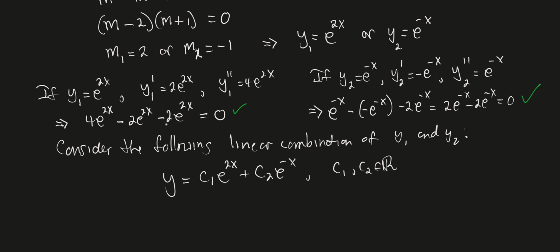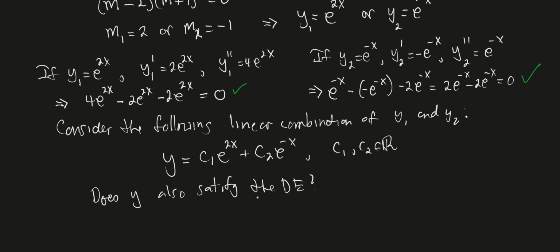Does this y also satisfy the differential equation? Well, in order to answer that question, we have to do the same thing that we did right here. We have to find its first derivative and its second derivative, and then plug it into the original differential equation and see if, in fact, everything cancels out and we get a zero.